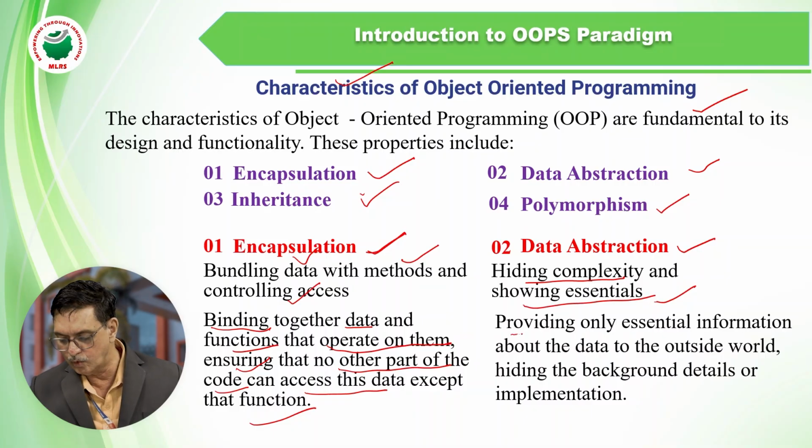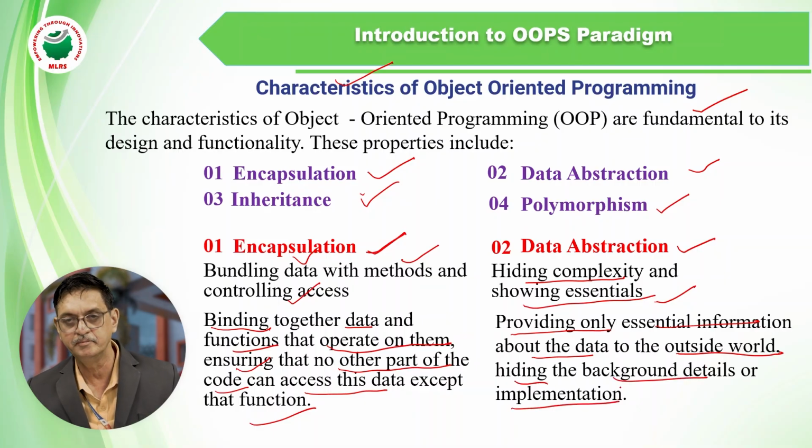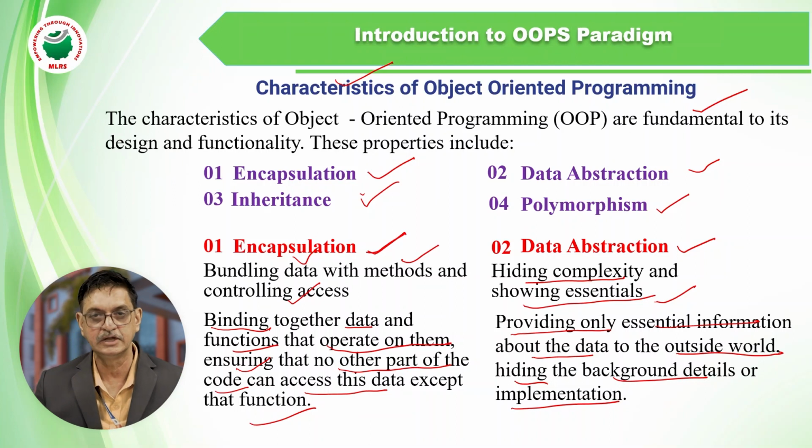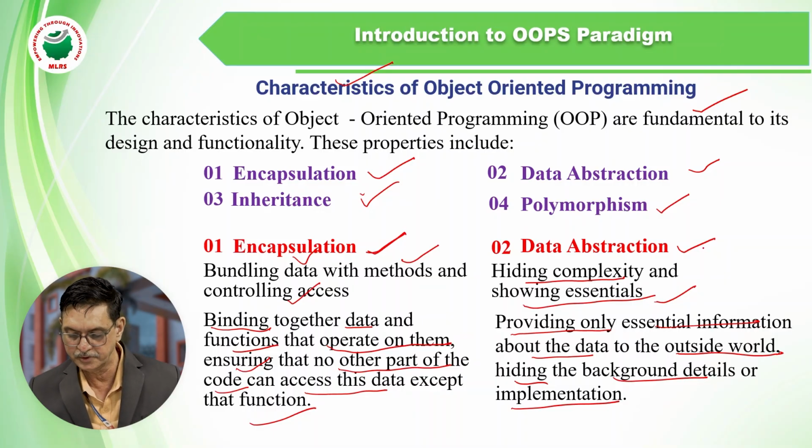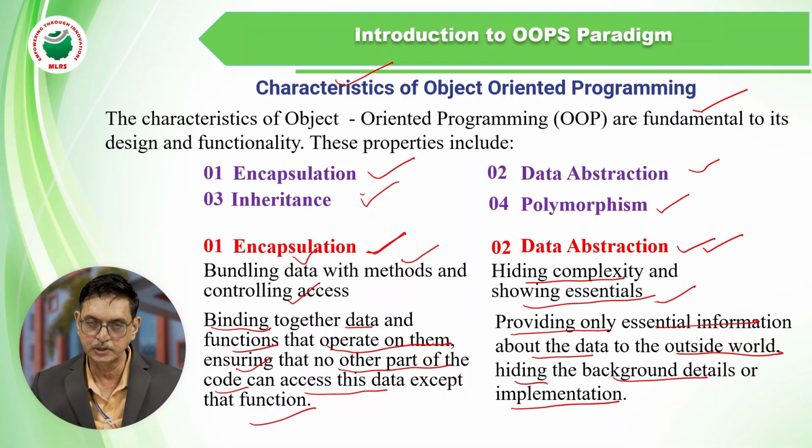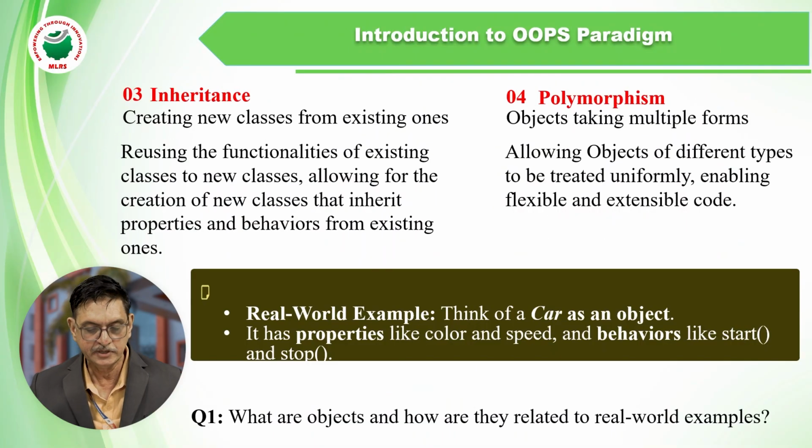Providing only essential information about the data to the outside world or end users, and hiding the background details or implementation, makes it easier to develop or utilize the given application. So that is one of the features we are going to use: data abstraction, hiding complexities and showing only essentials.